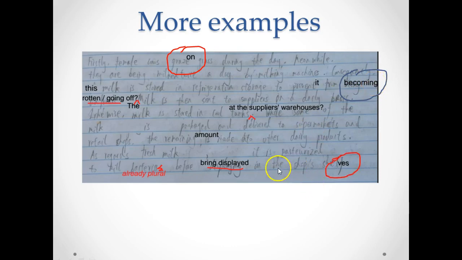And this one, the shop's shelf. It's impossible just to have one shelf in a shop. It must be plural. So the student has made the mistake of making it singular instead of plural, and she would lose marks for grammar and spelling or vocabulary.